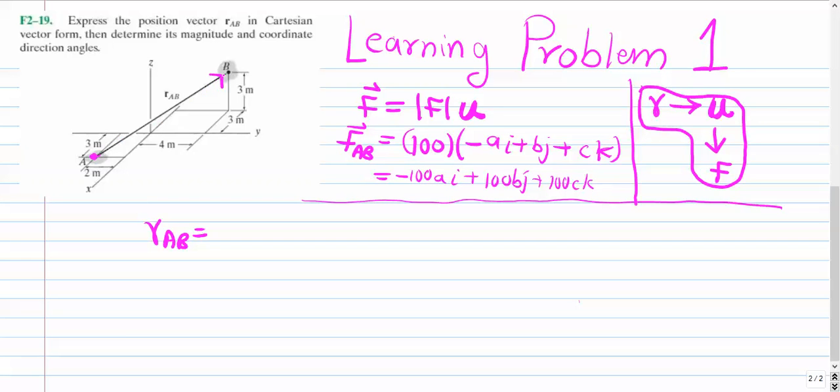In order to find the length vector, all we have to do is see their lengths in the respective x, y, and z directions. So in the x direction, we can see that the vector starts from the point A, and then it moves towards the point B, and the total length in the x direction is 6 meters, 3 on this side, 3 on the other side.